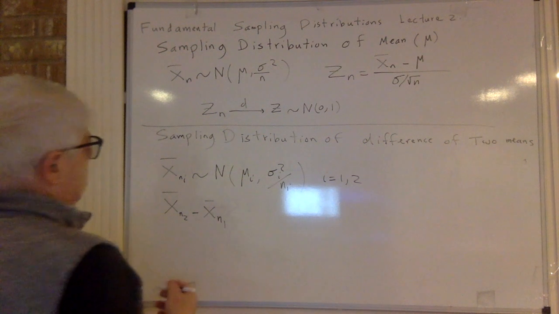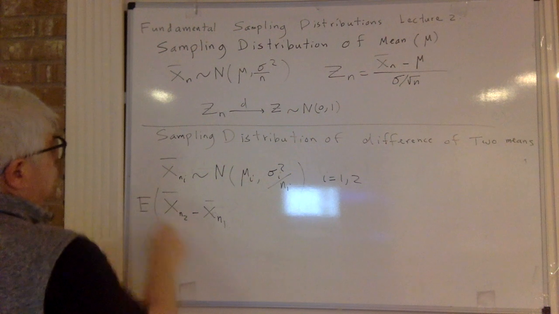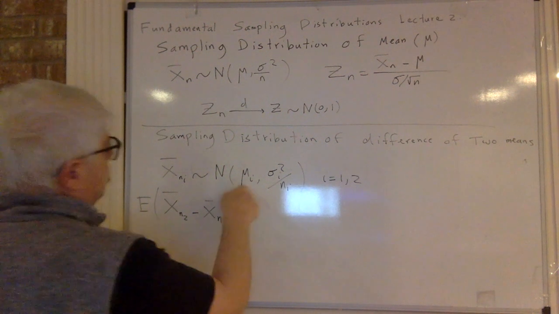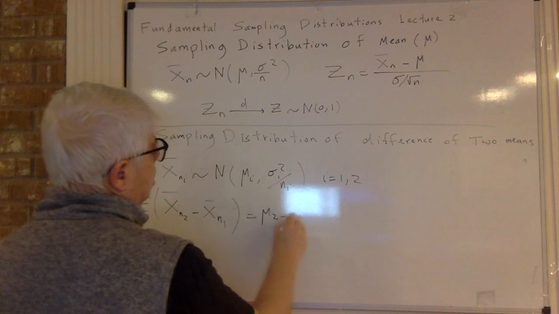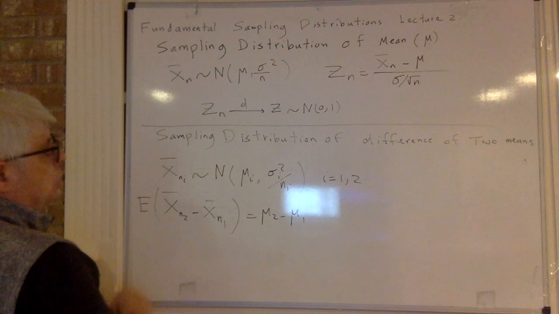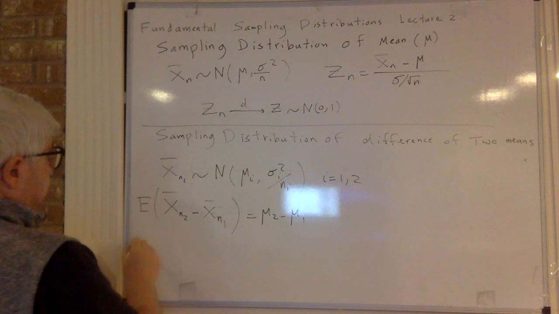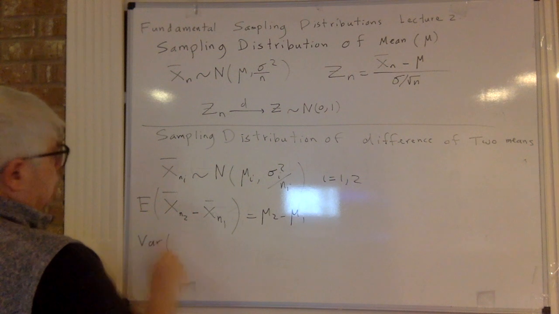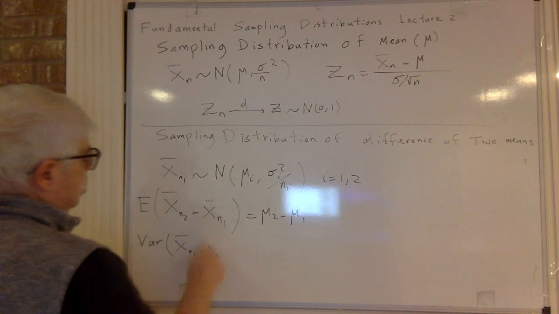So let's find its mean. It's very easy. The mean is mu 2 minus mu 1. In fact, that's E of x bar n2 minus E of x bar n1, which is mu 2 minus mu 1. The variance is this, so I have x bar n2 minus x bar n1.